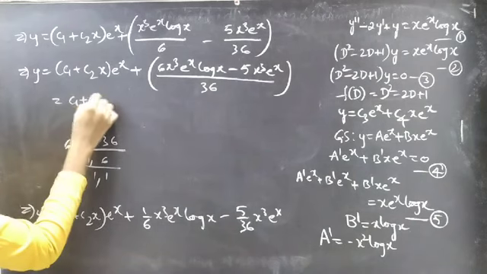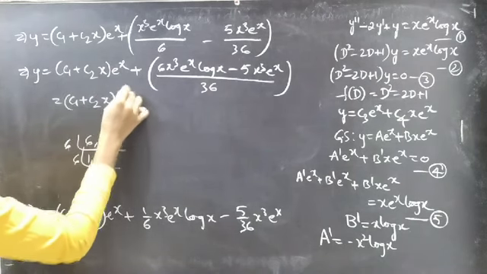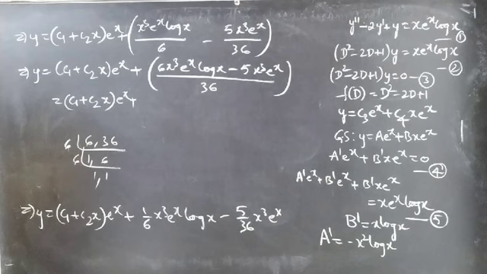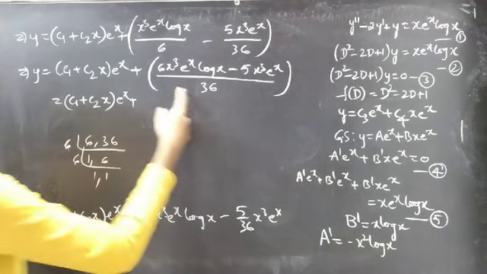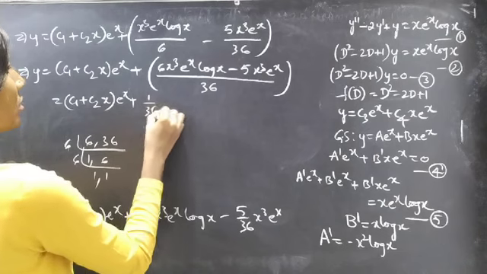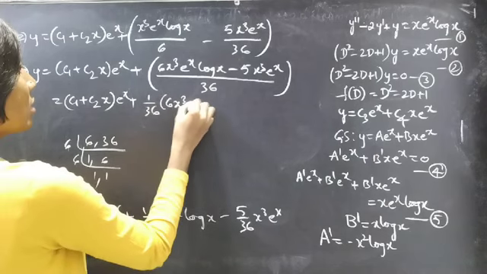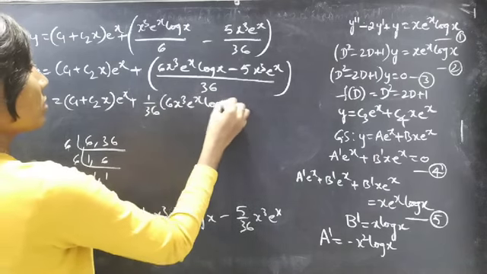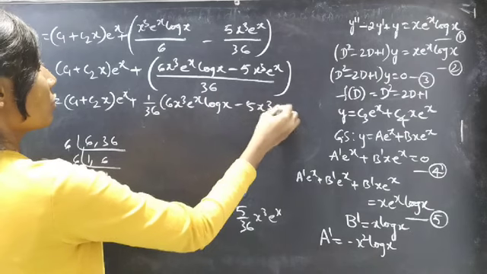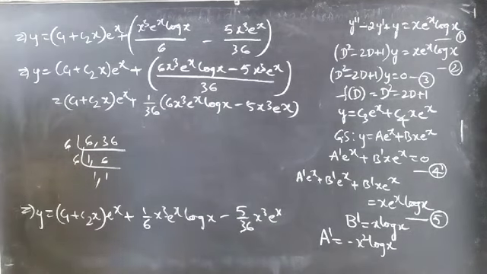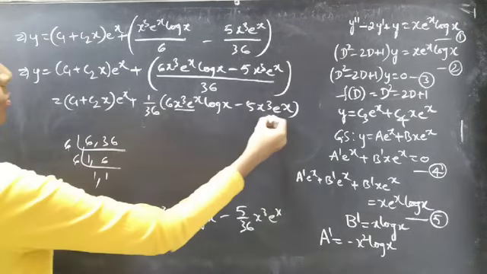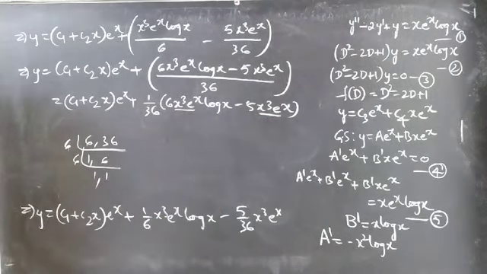So y is equal to c1 plus c2 x, into e power x, plus, you can just split the fraction as 1 by 36 into 6 x cube e power x log x minus 5 x cube e power x. The next step, we'll take x cube e power x common from these two terms.